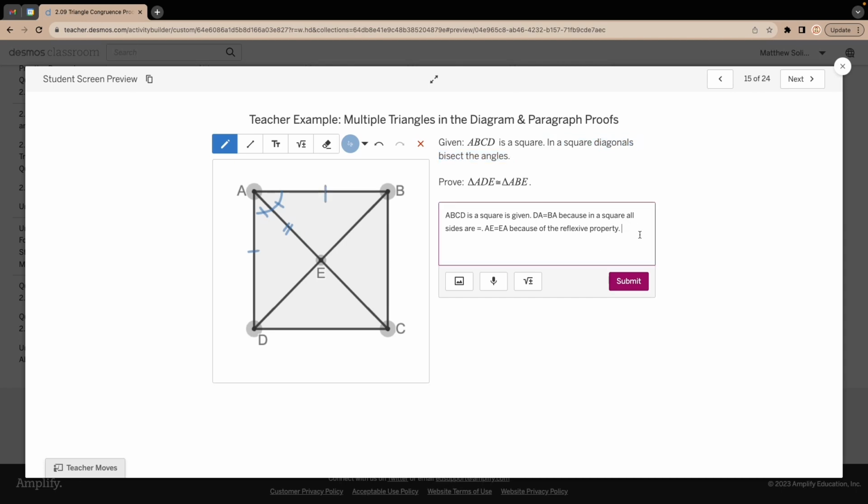So next, I know angle DAE is equal to angle BAE because the diagonals bisect the angles in a square. So now I know those triangles are congruent. I got 3 things. It's by side, angle, side.